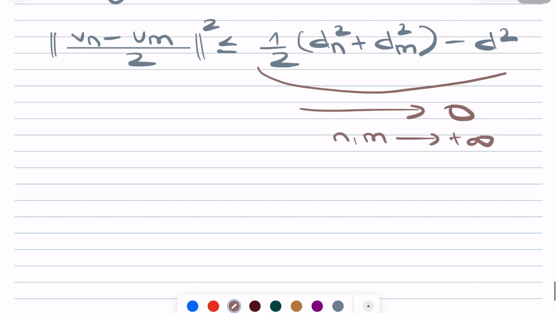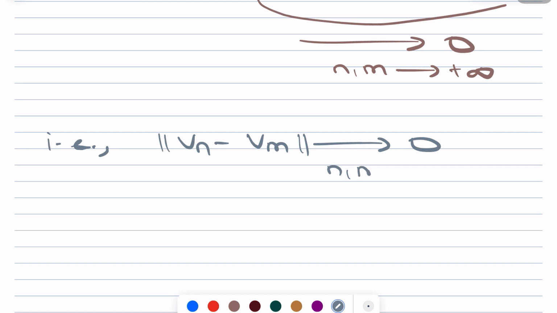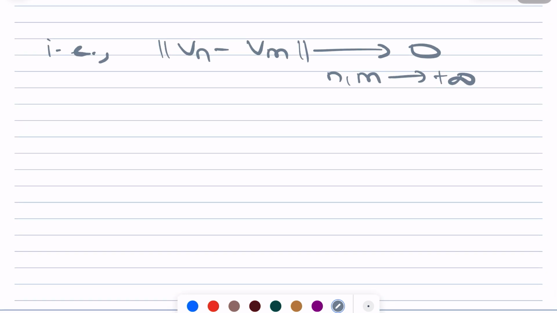This means the norm of v_n minus v_m goes to 0 as m and n go to plus infinity. So v_n is obviously a Cauchy sequence.